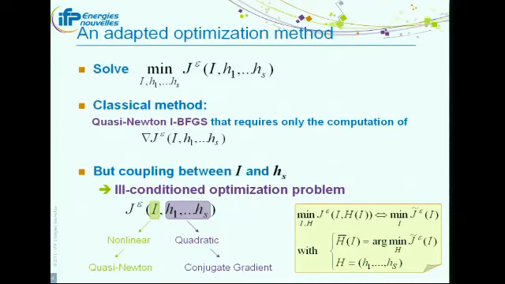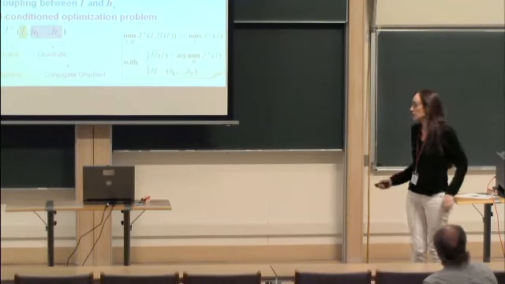So just a word on the optimization technique. So you can imagine that solving a non-quadratic ill-conditioned objective function for typically 1 million of unknown is not a simple job. So classically, quasi-Newton techniques are used to solve optimization problems of huge size.